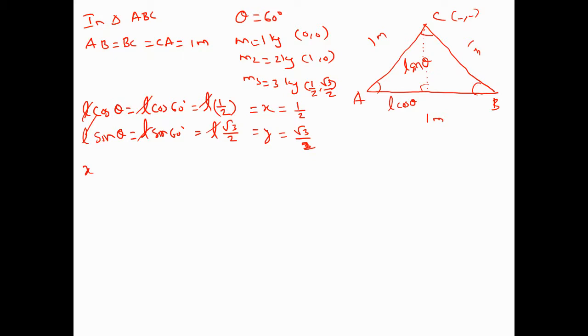Okay. Now, what is the formula for center of mass for finding the x position? The center of mass for the x position is nothing but, how many objects do you have? You have 3 objects. Am I right? So m1 x1 plus m2 x2 plus m3 x3 divided by m1 plus m2 plus m3.